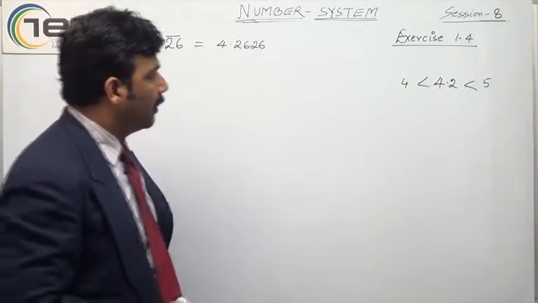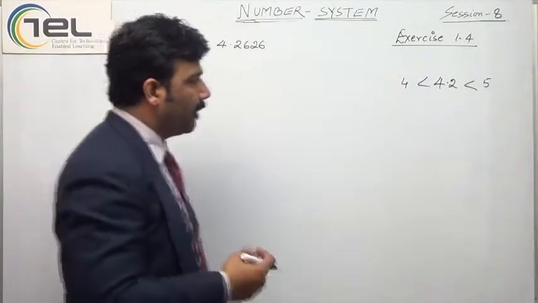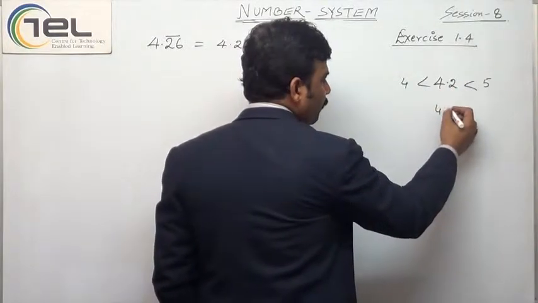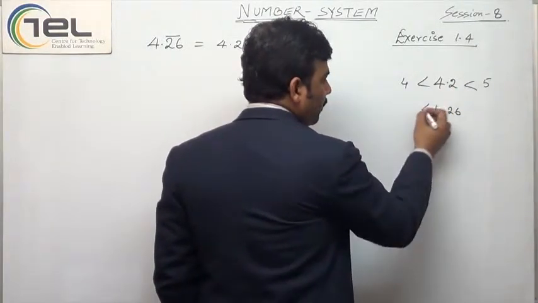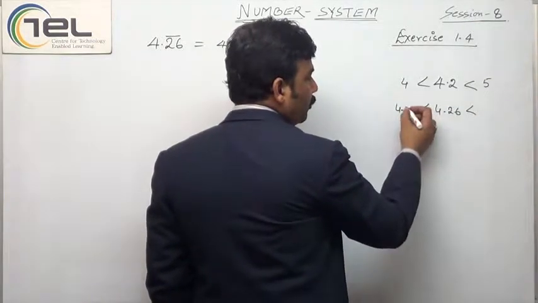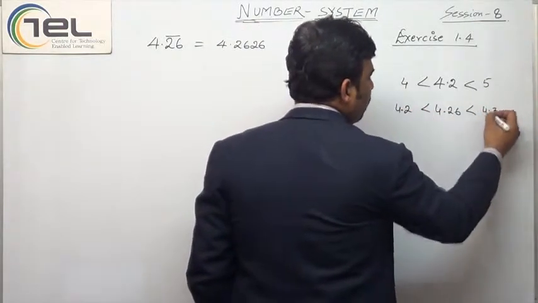Then, if I represent 4.5, I will take 4.26. This will fall between 4.2 and 4.3.